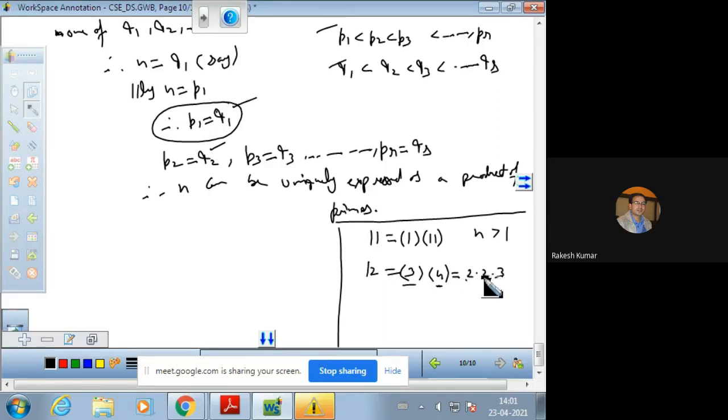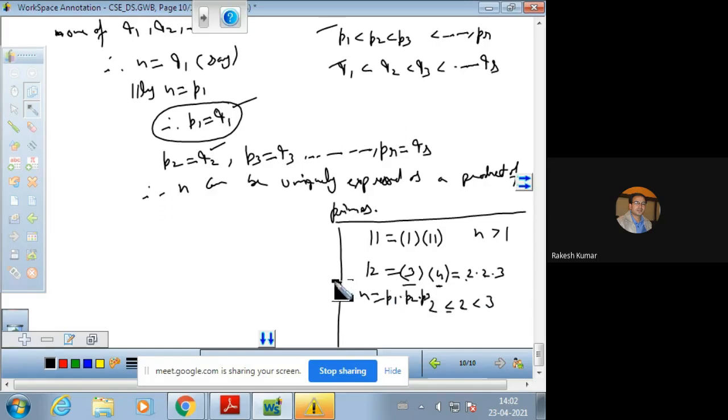Now this 2 is less than or equal to this 2, and 2 is less than 3. So we can say that n has been written as P1 into P2 into P3. What is P1? 2, P2 is 2, and the last one is P3.